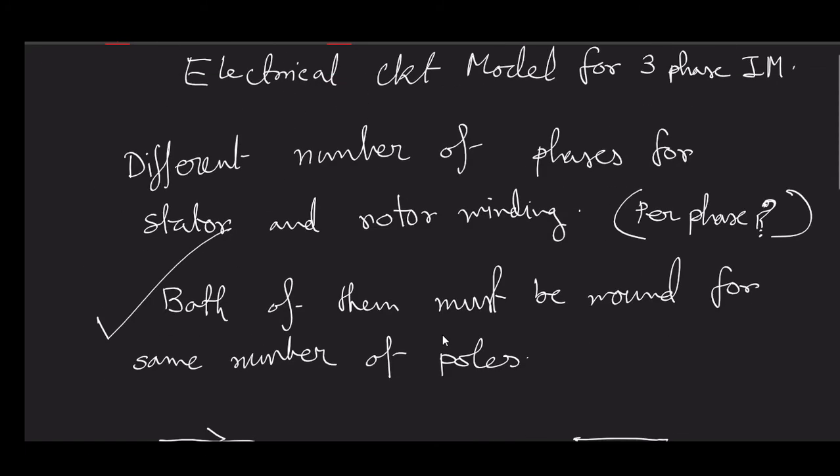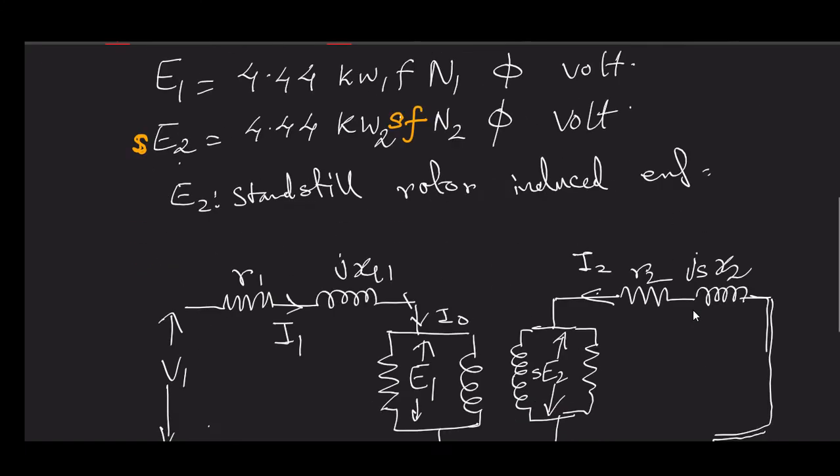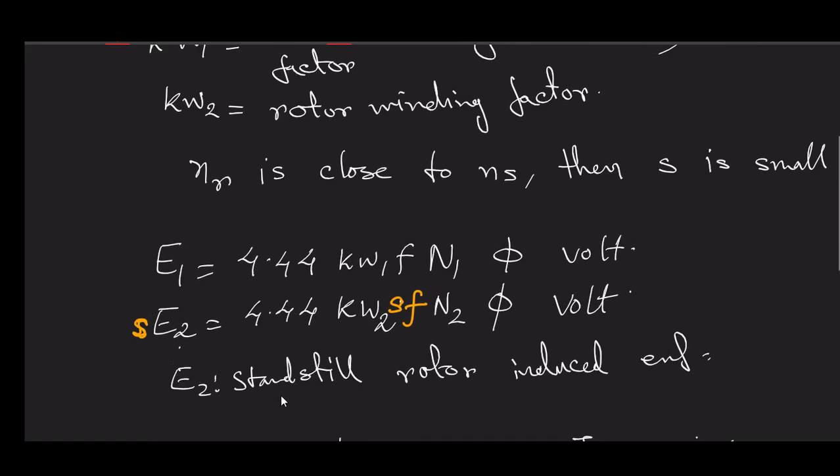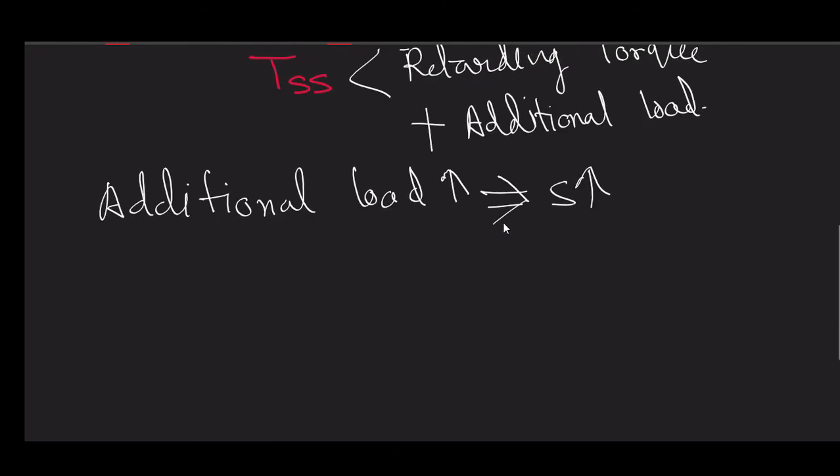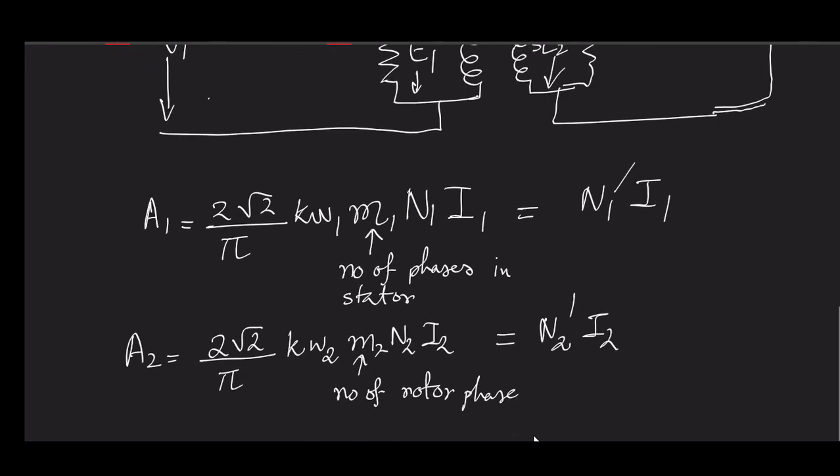And once F2 is changed, then what would happen? For this increased value of F2, you will have more value of SE2. SE2 will become higher than its previous value, because all other factors remain constant. If we look at the equation of SE2, we will be able to understand it more clearly.